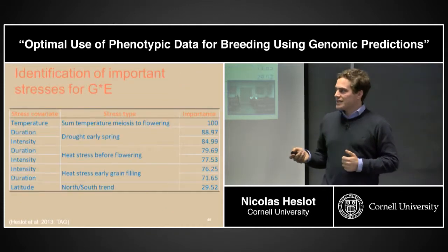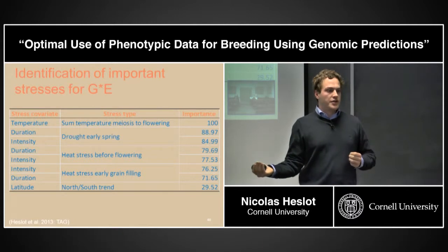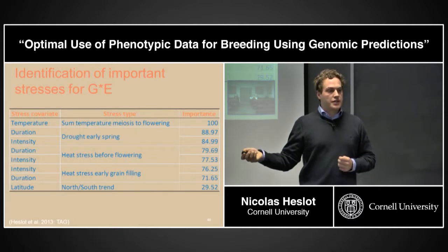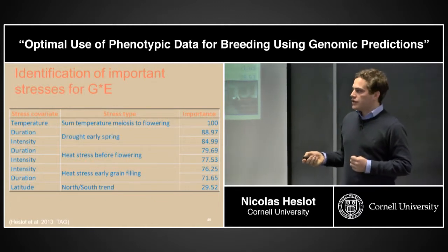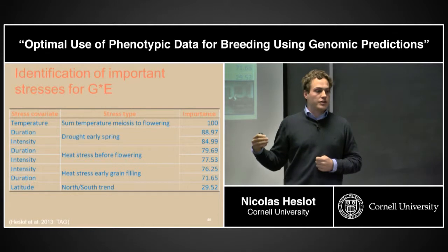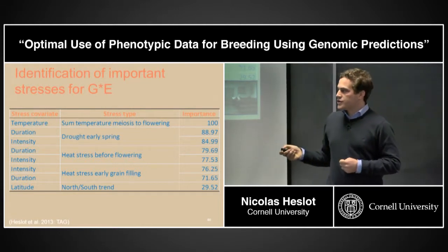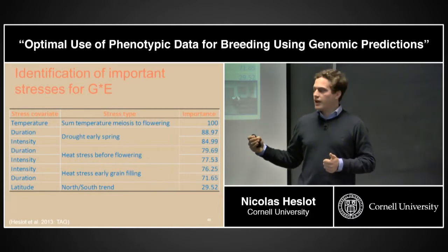What we could also do was identify important stresses for G by E, and we did so with permutation strategies, trying to find stress covariates that were significantly associated with G by E. And surprisingly, most of them correspond to stress early in the cycle, not terminal stress, with, for example, drought in early spring and heat stress before flowering and in early grain filling.